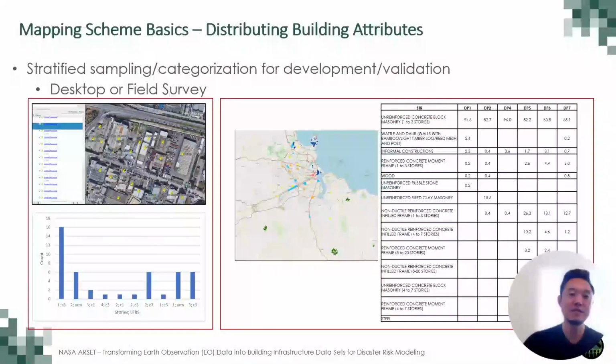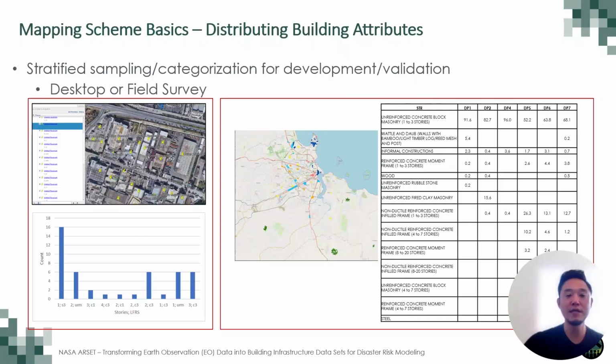If the relevant census data or the previously done field surveys are not available, we do a stratified sampling ourselves. This is both for the development of the mapping schemes and validation of any existing mapping scheme that we already have. This can be desktop, which is probably most of the time, or a ground survey by a field survey team. So for example, on the left, we have our development pattern we want to sample.